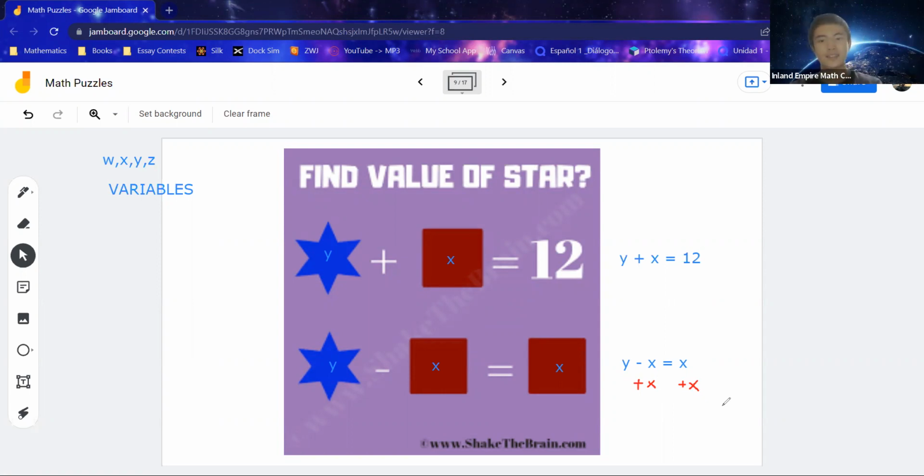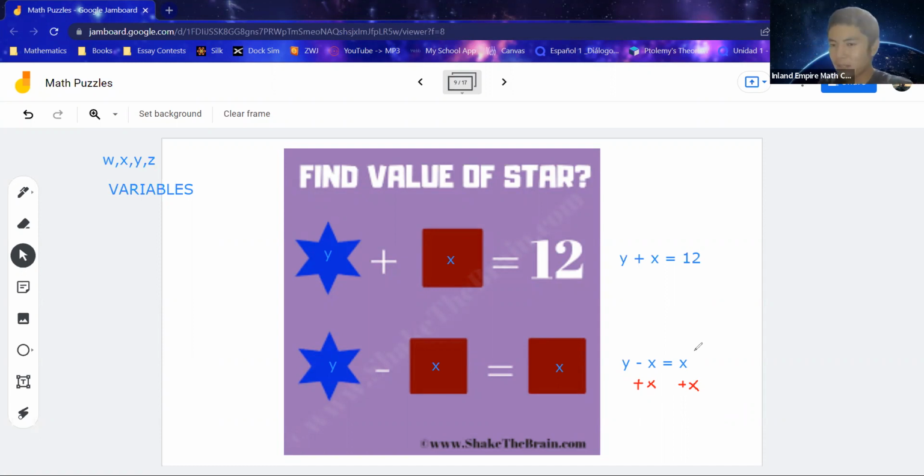And we know that this number is equal to x. So if we add x to y minus x and add x to x, the resulting two numbers will be the same, right?